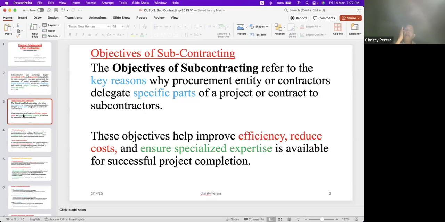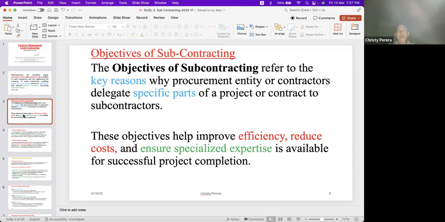First, we can look at the objectives of subcontracting. What is the objective of subcontractors? It refers to the key reasons why the procurement entity, the client, or the government, or contractors, delegate specific parts of a project or contract to subcontractors.